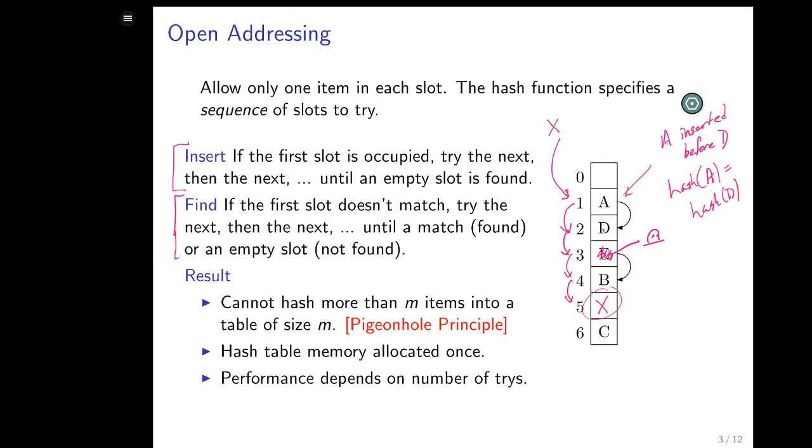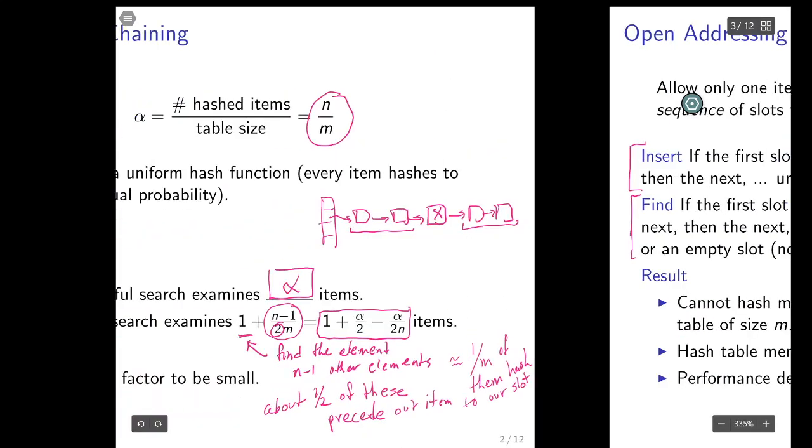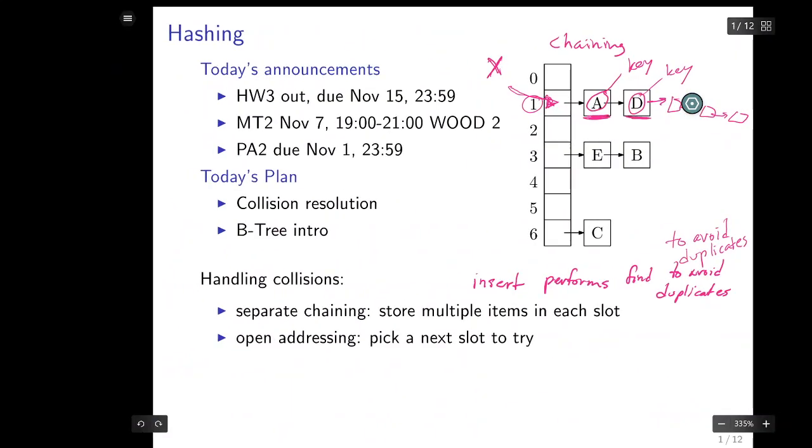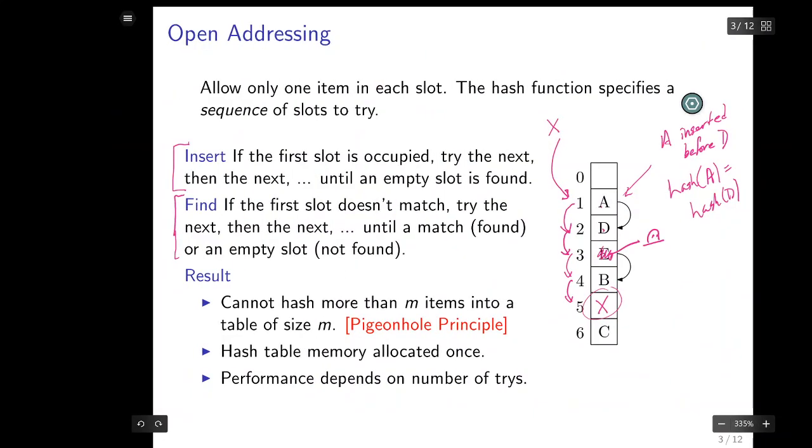You can't put more than one item into a slot in open addressing, so if you have m plus 1 pigeons flying into m pigeonholes, two must share one. That's not a property of chaining, because chaining can take more things without resizing. It just changes the load factor. Here, there's a hard limit. You can't put more than m things into the hash table. Then you have to resize.